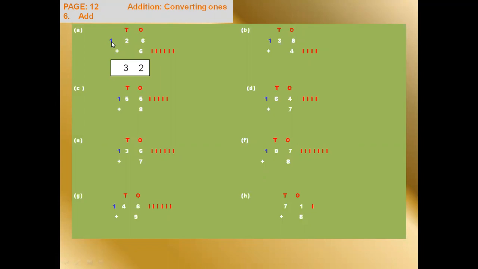We keep it right above 2. Then we add this one in the tens. So 2 means 2 tens. So 2 plus 1, 3. So it becomes 32. Mean 26 plus 6, answer is 32. Okay. Very easy.